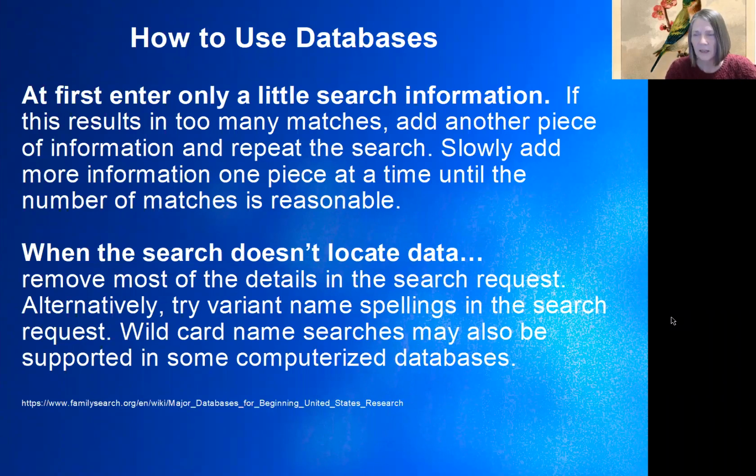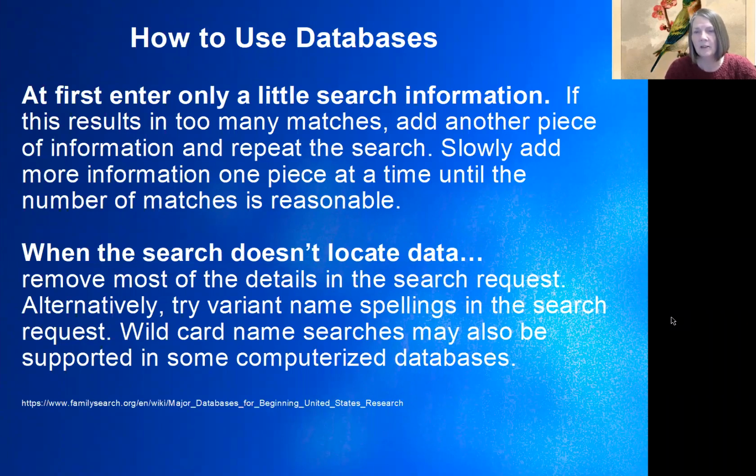If you get too many, and you often will when you start with really general information like that, you'll get, like, you know, on Google, sometimes it says 1 million, some 100,000 matches. You probably won't do that in a database, but you may get a lot of matches, especially on Family Search, you'll get a lot of matches.